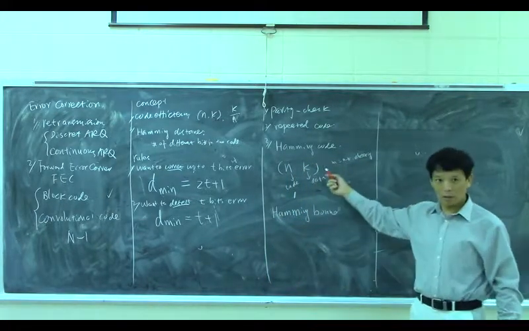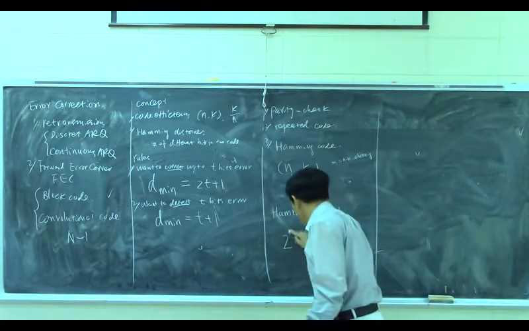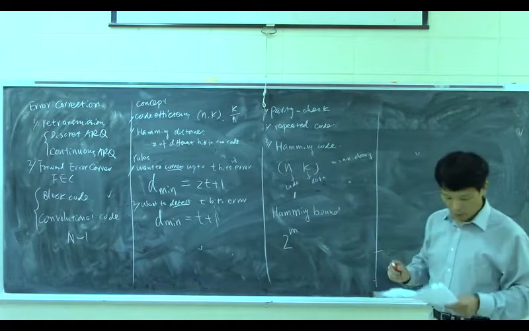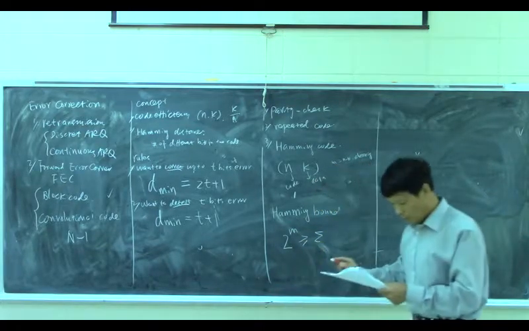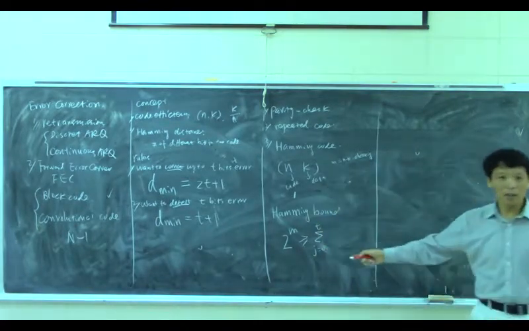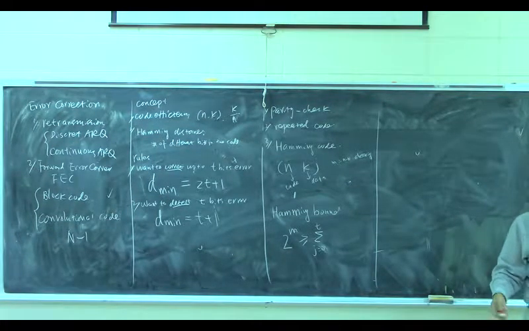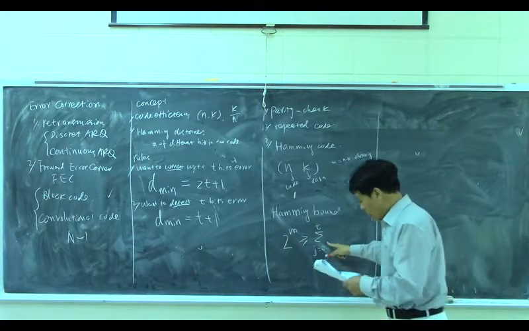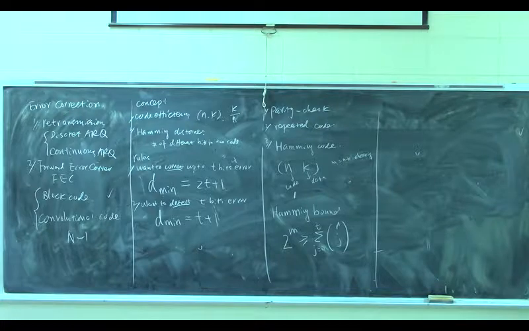For this code, we need to have an inequality satisfied: 2 to the m must be greater than or equal to the sum of j from 0 to t of n choose j. What is t? The number of bits that we want to correct. This is the Hamming bound.